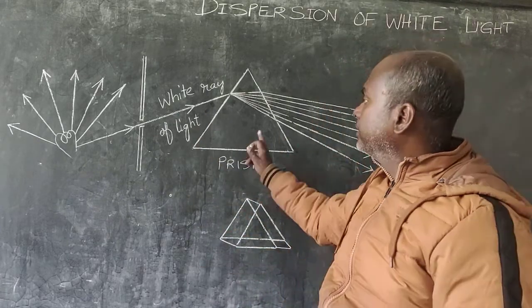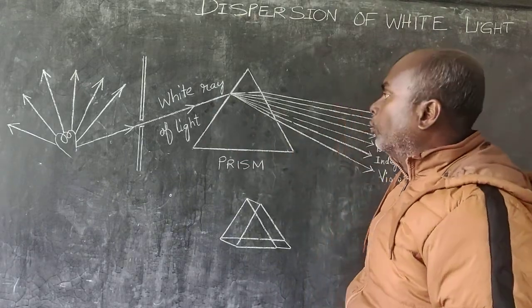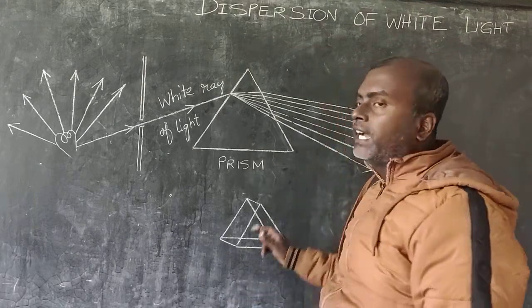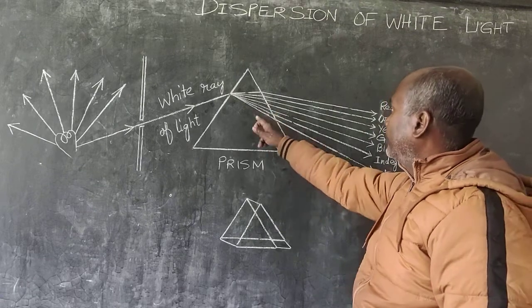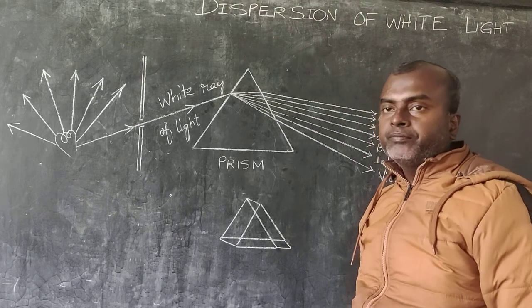This prism acts as a disturbance for the traveling of this white light. So only that ray of light which is strong enough to penetrate, which has greater velocity, can penetrate out of this prism.